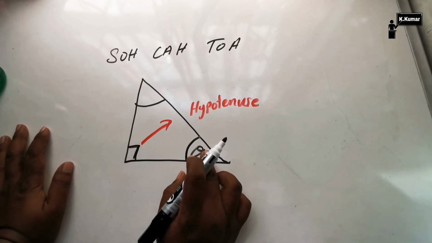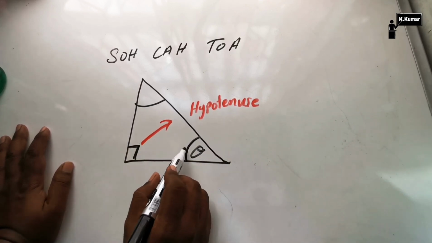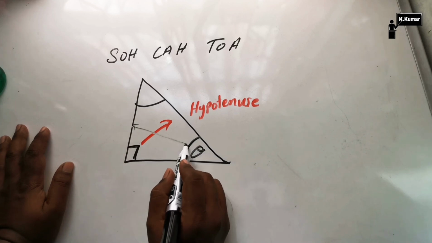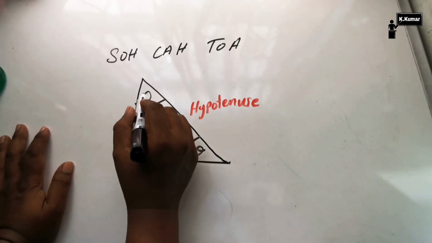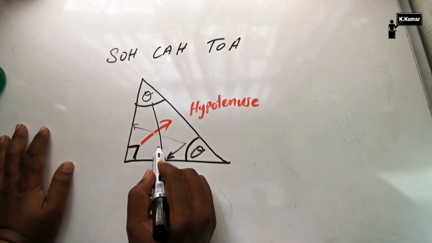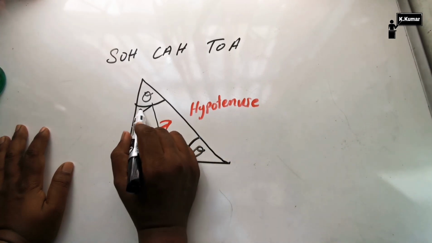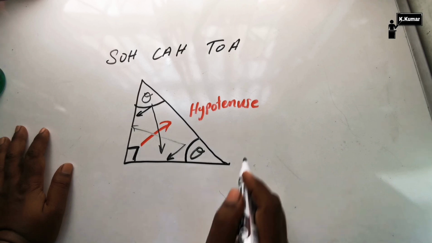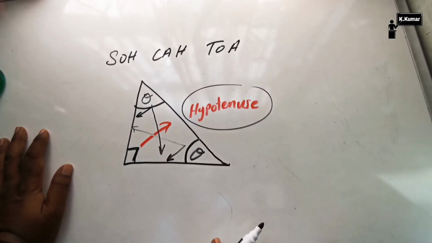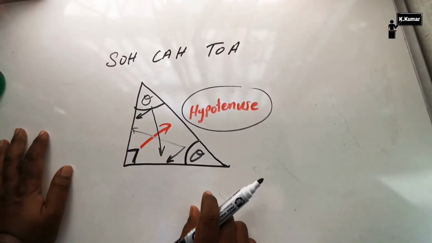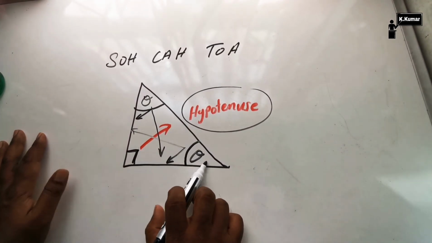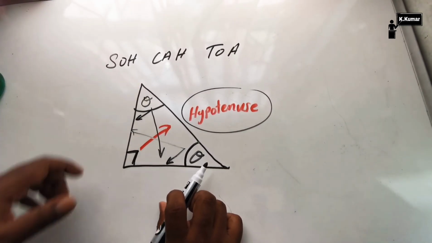If it's given here, then this becomes my opposite side and this becomes my adjacent side. And if theta is given up here, then this becomes my opposite side and this becomes my adjacent side. The hypotenuse does not change. So we always identify the trig ratio to use relative to where our angle is given.